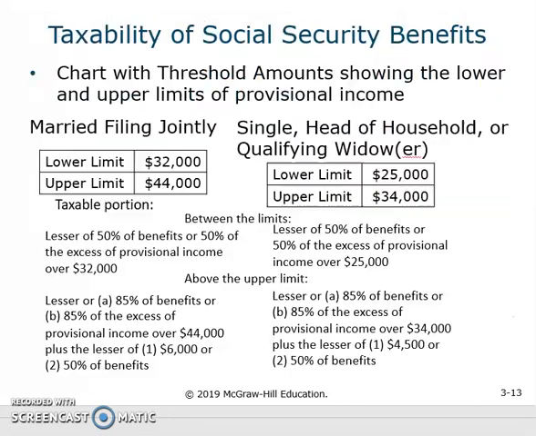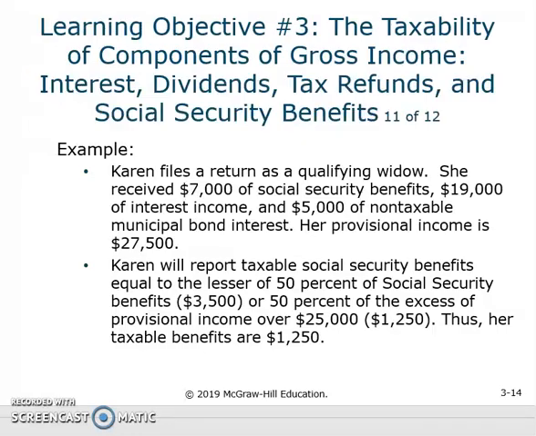If we look at the threshold amounts for qualifying widower, she is between the lower limit and the upper limit. So she will need to report taxable Social Security benefits equal to the lesser of 50% of the benefits, which would be half of $7,000, so $3,500, or 50% of the excess of her provisional income over $25,000.